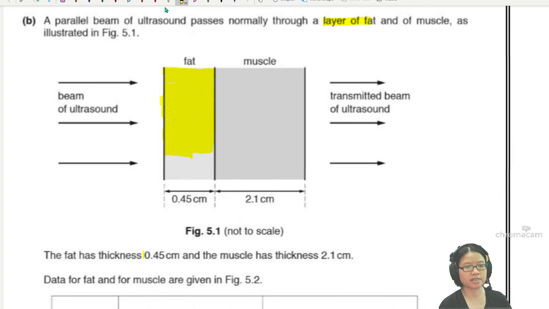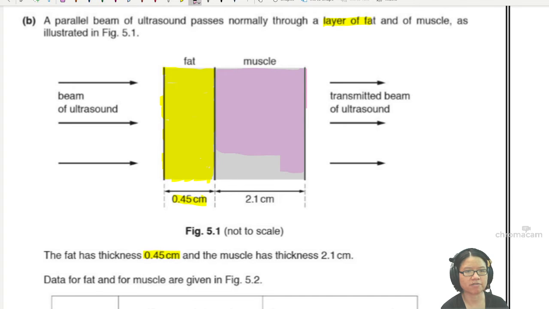The fat has a thickness of 0.45 cm, and the muscle has a thickness of 2.1 cm. Muscle has a lot of blood, so I'm just going to shade this a general shade of red, to help us distinguish.